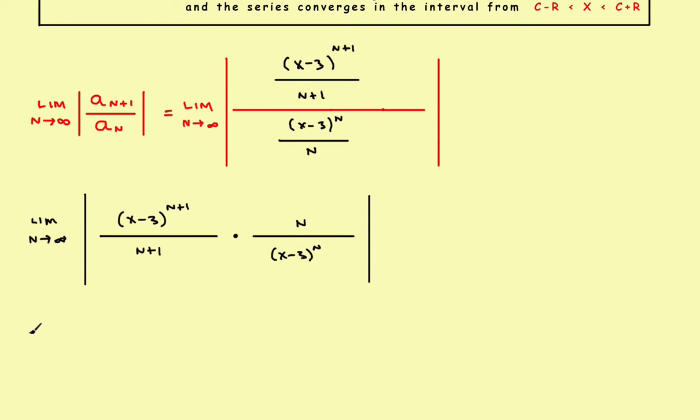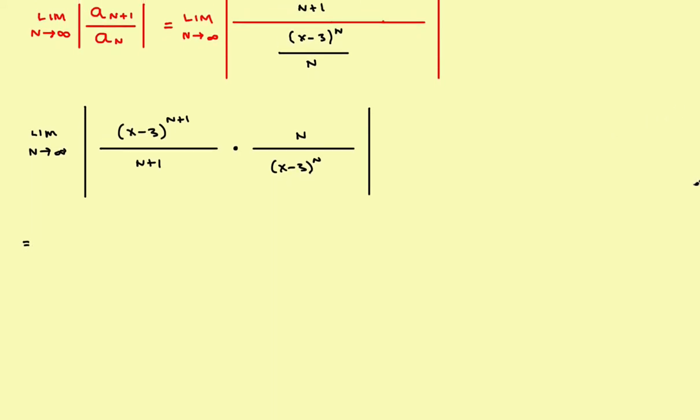Now at this point, you can do the following: write this thing in its expanded form so some things will cancel out. So what I'm going to do is this. I'm going to take this x minus 3 to the n plus 1. I'm going to write it as x minus 3 to the n times x minus 3 to the first power, because that's what this n plus 1 is.